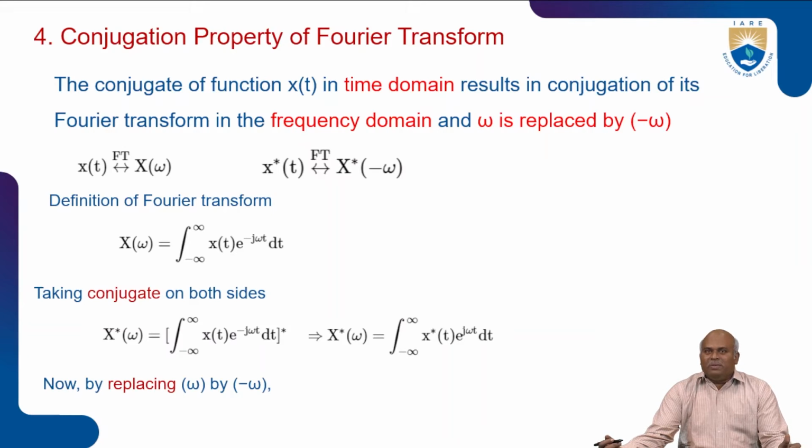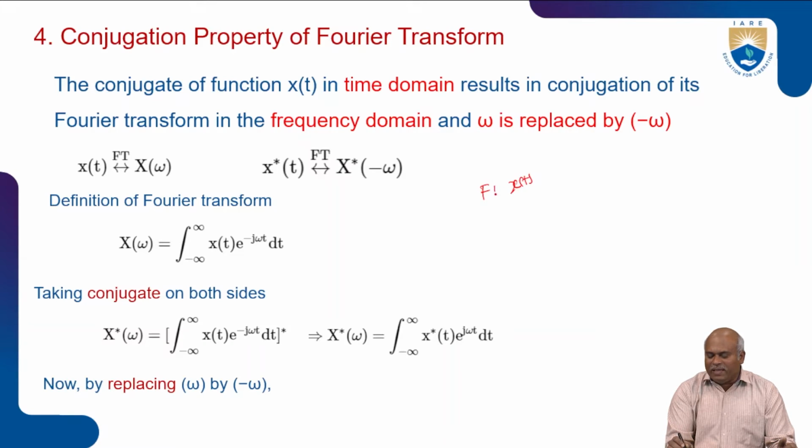The conjugate property of Fourier transform states that the conjugate function of x of t in the time domain results in the conjugate of its Fourier transform in the frequency domain, with omega represented by minus omega. This is the statement of the conjugate property. If we take the Fourier transform of x of t in the time domain, we get X of omega in the frequency domain.